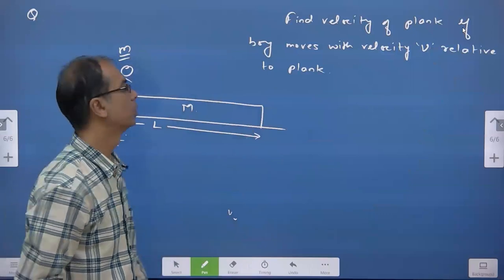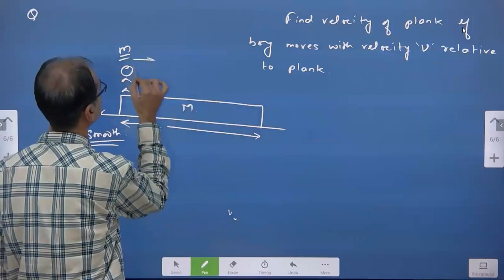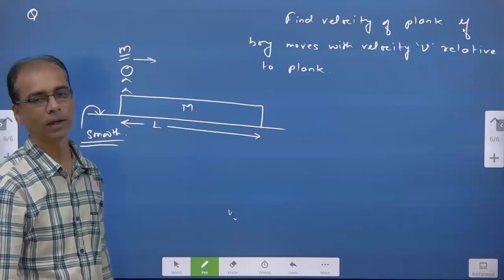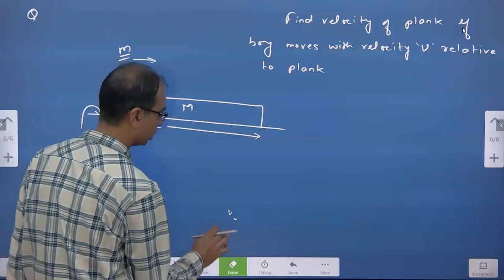He is moving in this direction. Find velocity of plank if boy moves with velocity v relative to plank. Okay, note the question.